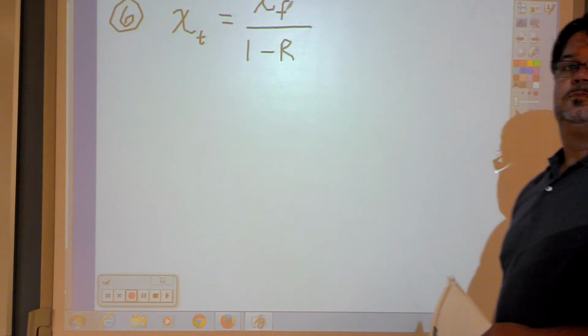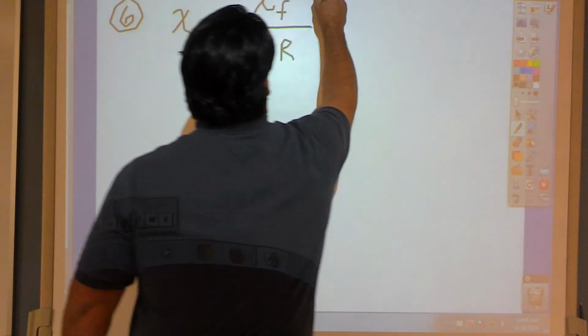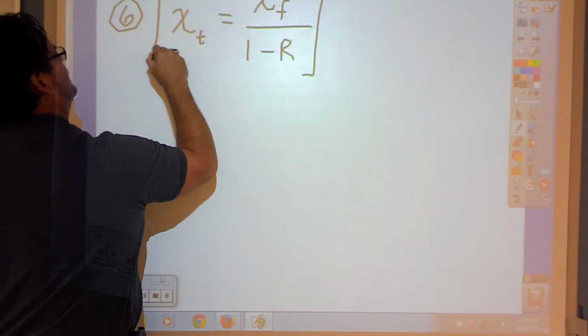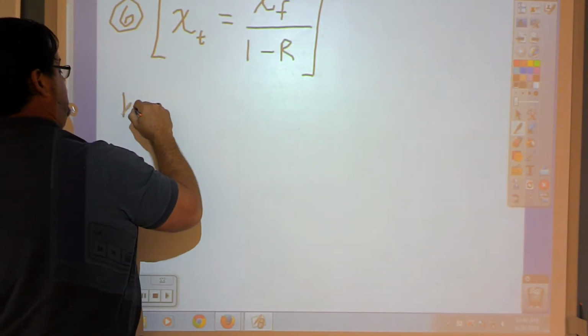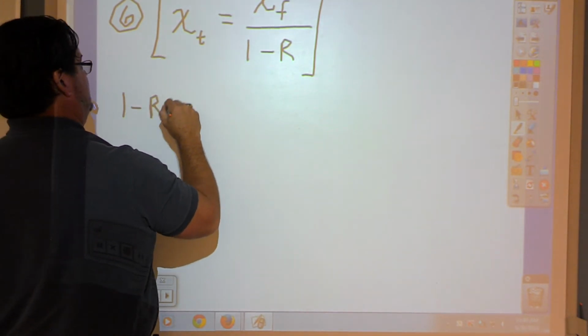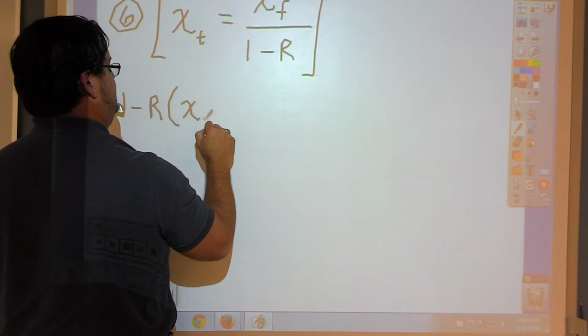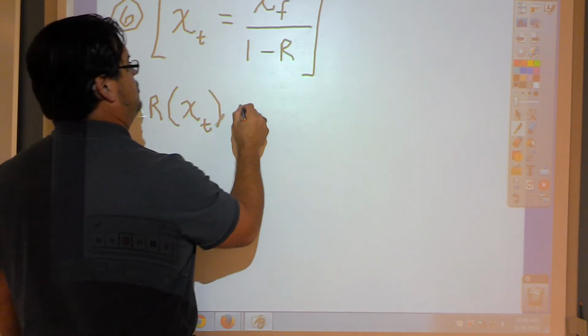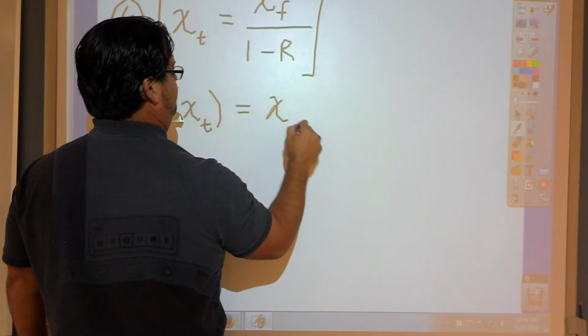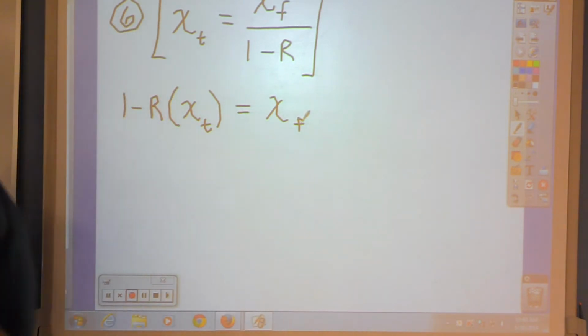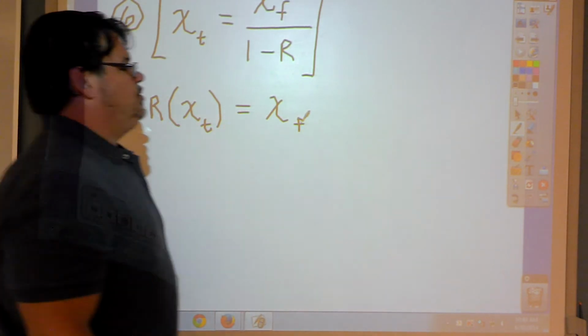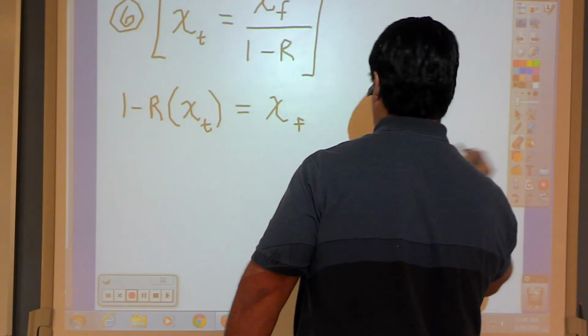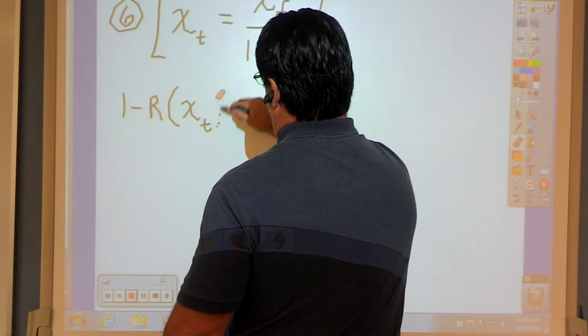How easy you do it? One minus r times x of t equals x of f. And in fact, I'm gonna take off those parentheses and put them around the 1 minus r.